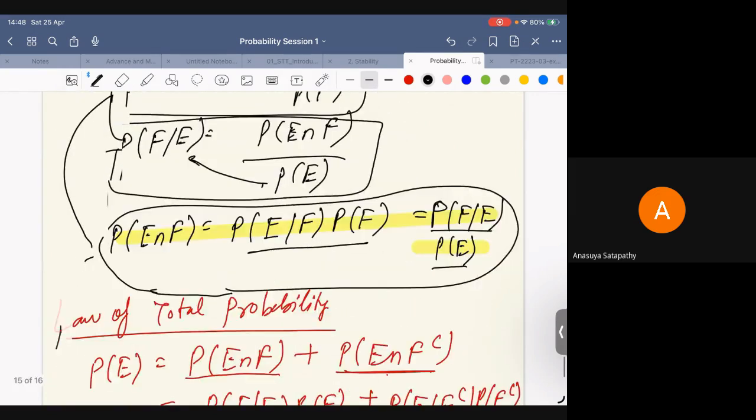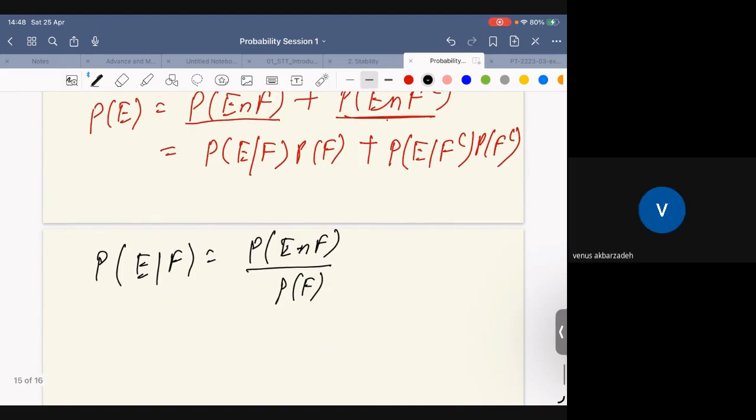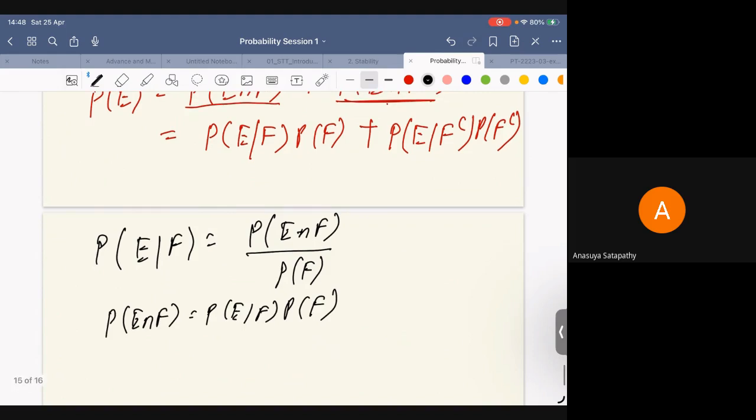So what can you write here for P of E given F? Can I write P of E intersection F divided by P of F? Yes. So can I write P of E intersection F as P of E given F times P of F?